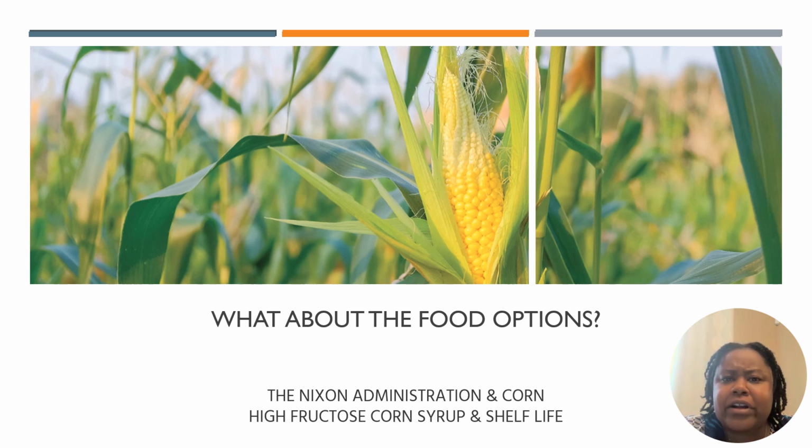Then someone figured out how to make a sugar, essentially high fructose corn syrup, that can be put into food to extend its shelf life, and it also serves as sugar. So we started to see high fructose corn syrup placed into snacks and cereals and almost everything we see now on the shelves in grocery stores.